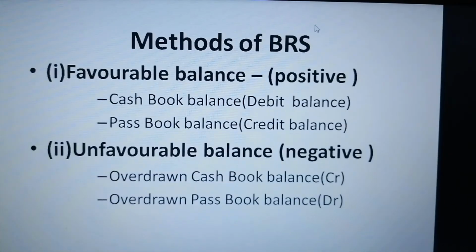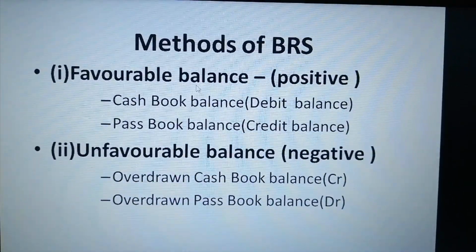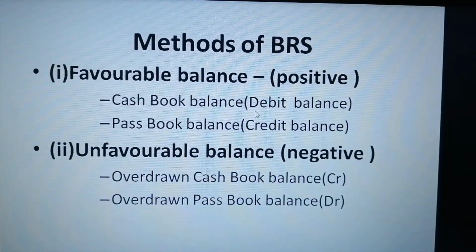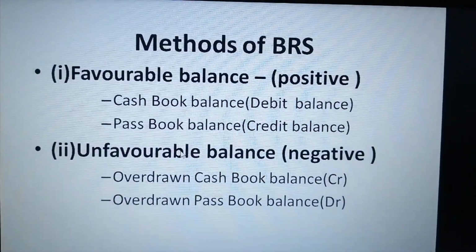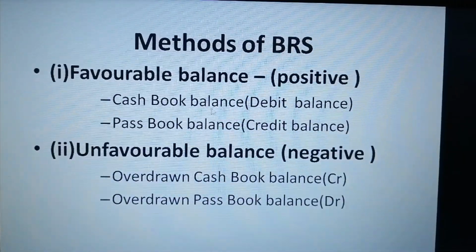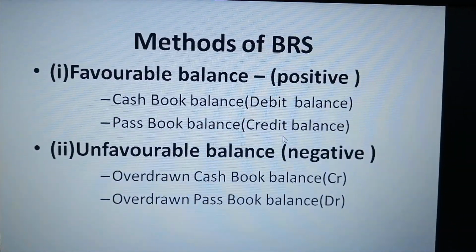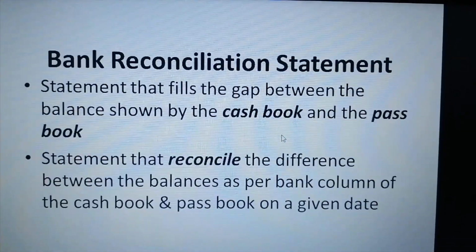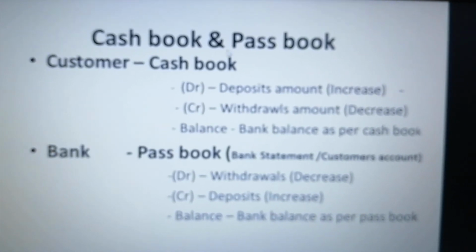This bank reconciliation statement is prepared under two methods. One is favorable balance or positive balance and another one is unfavorable balance or negative balance. Favorable balance means when the cash book shows a debit balance and the passbook shows a credit balance. This is what we have already discussed in the basic concept of cash book and passbook.